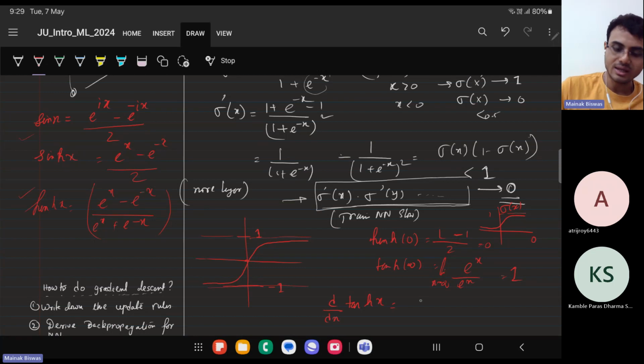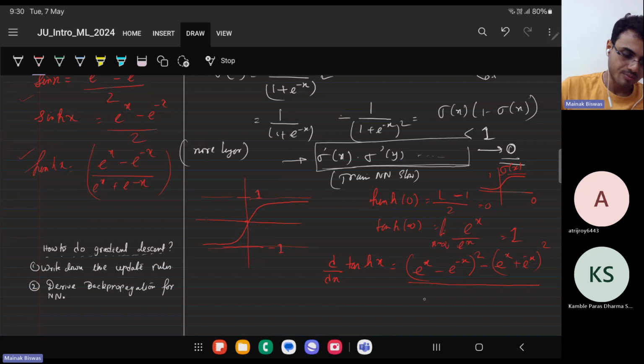Can you do the derivative quickly? It is e to the power x minus e to the power minus x whole square minus e to the power of x plus e to the power of minus x whole square. Is it correct? I don't think so. This should be plus, this should be minus, right?